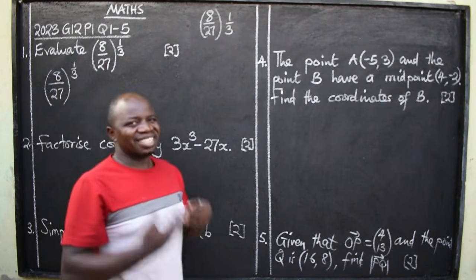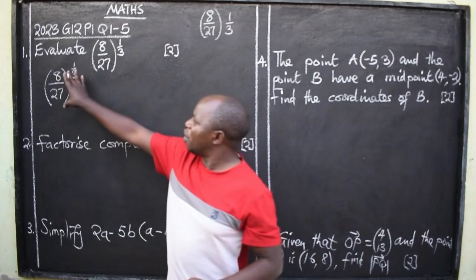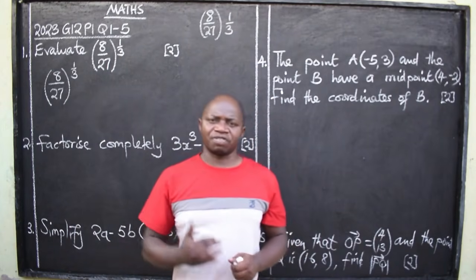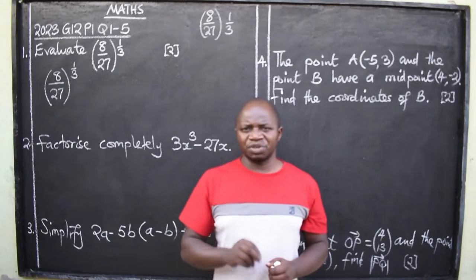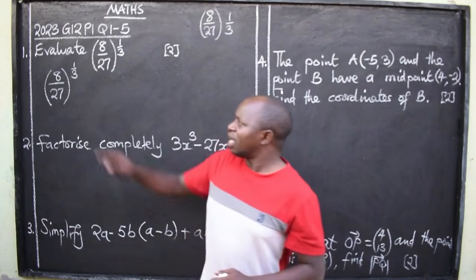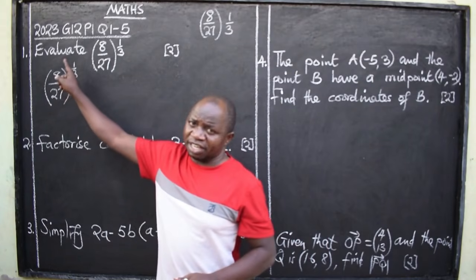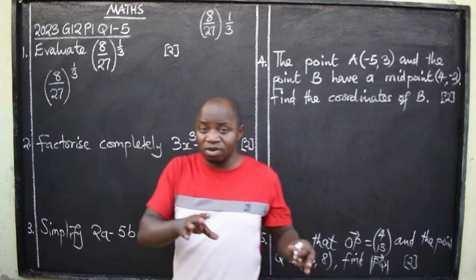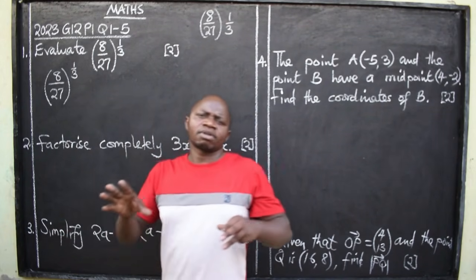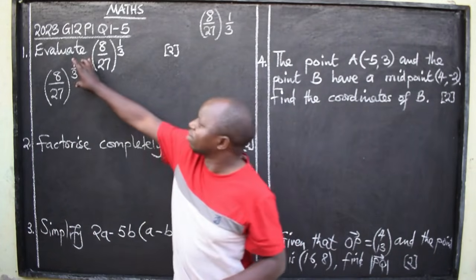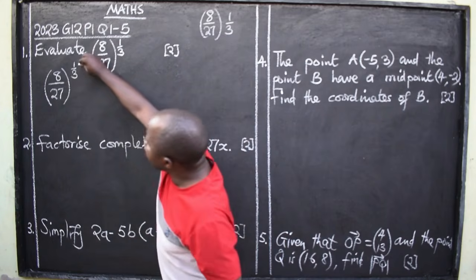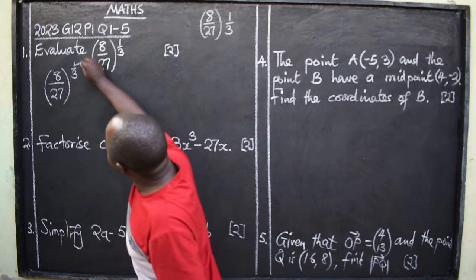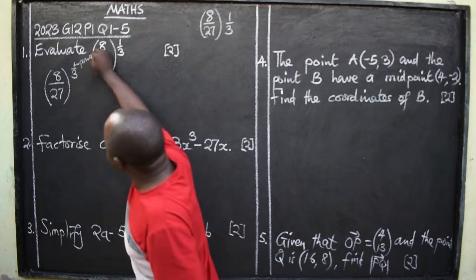When you are finding the exact value of questions where the power is a fraction, there are 2 things you need to know. If you have a power which is a fraction, not a decimal or a negative power, it means the numerator of the power is called the power.